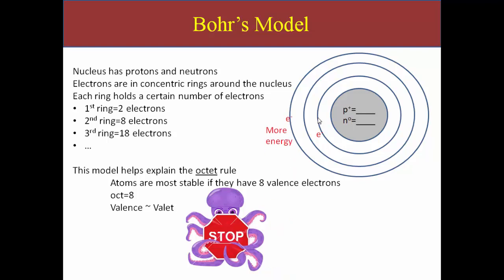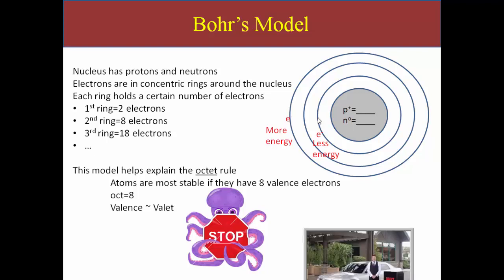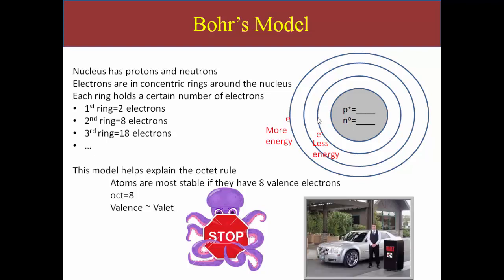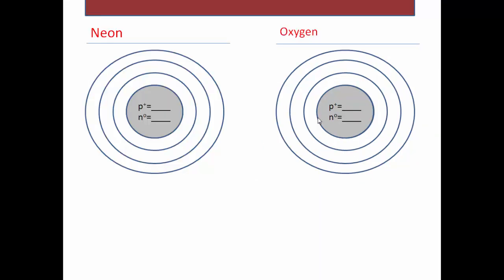And ones that are on the outside have a lot more energy than the ones that are on the inside. And more energy means you want to do more things. That's what energy is. It's just the ability and the desire to do things. So if you are on that outside, you want to interact. You want to do something. And there's our valet. Remember, valet, valence.